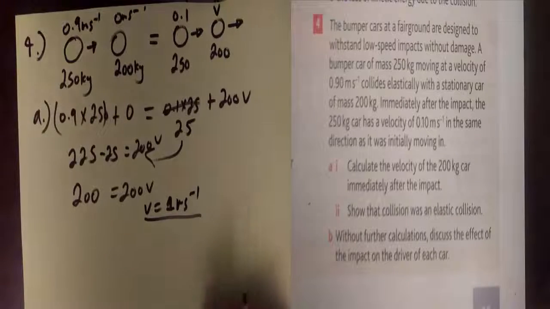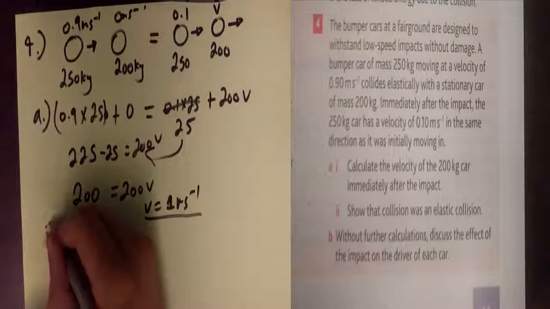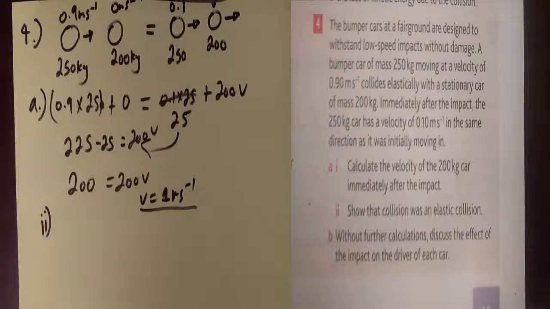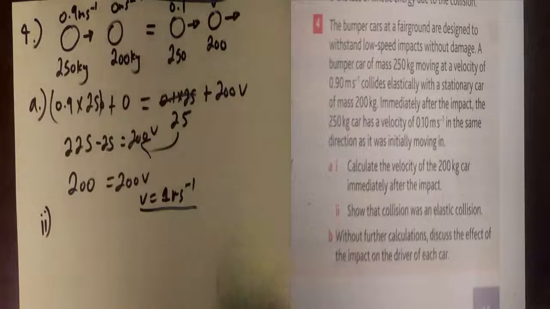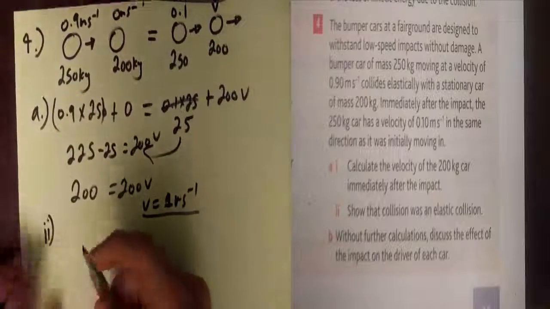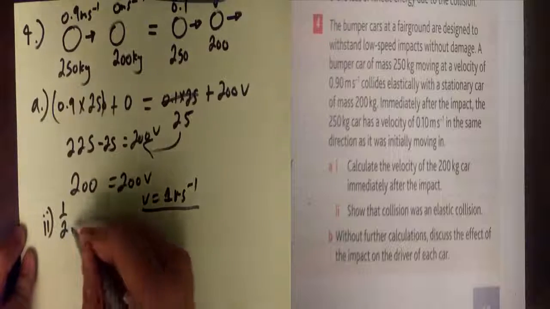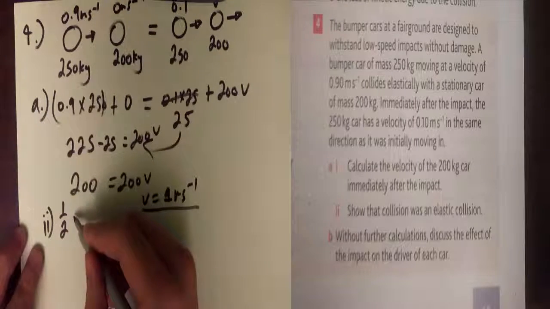Now, part 2 asks us to show that the collision was elastic. Now, to show it was elastic, we need to prove that kinetic energy was conserved. So, just to save time, I'll write down the formula and show you the final answers for these two.